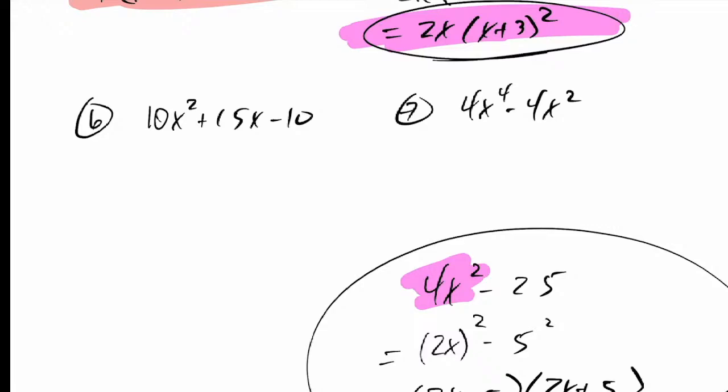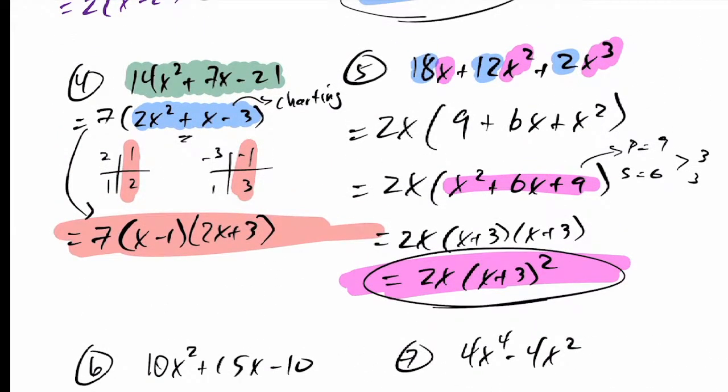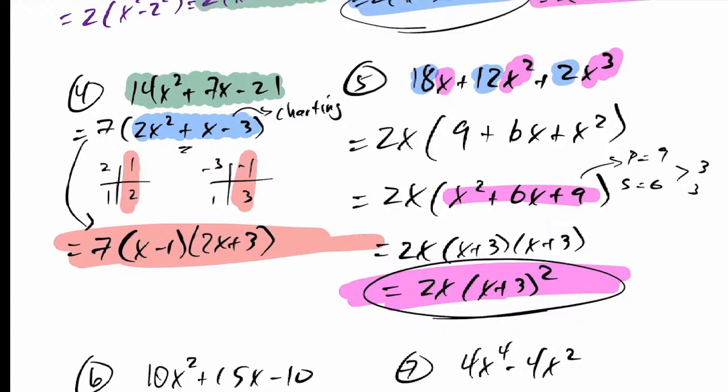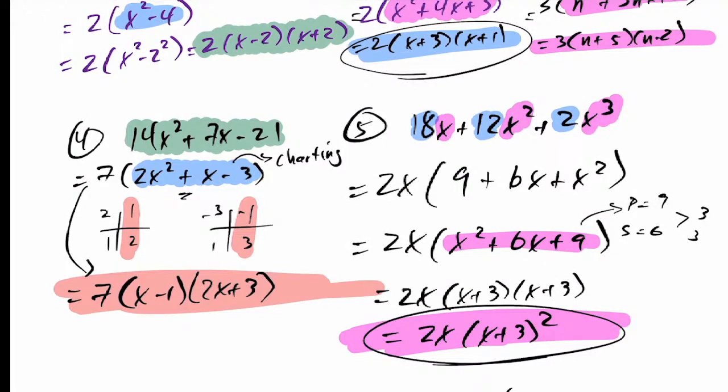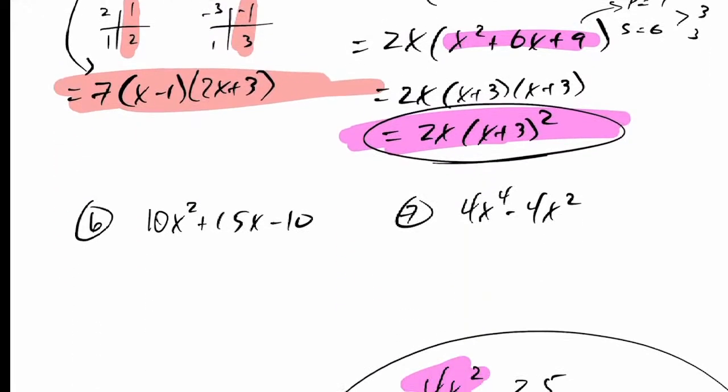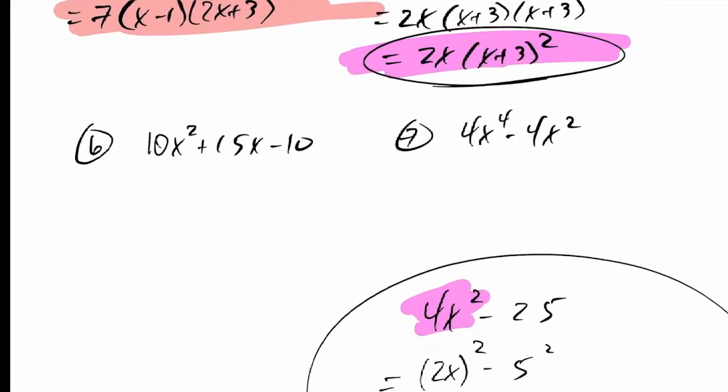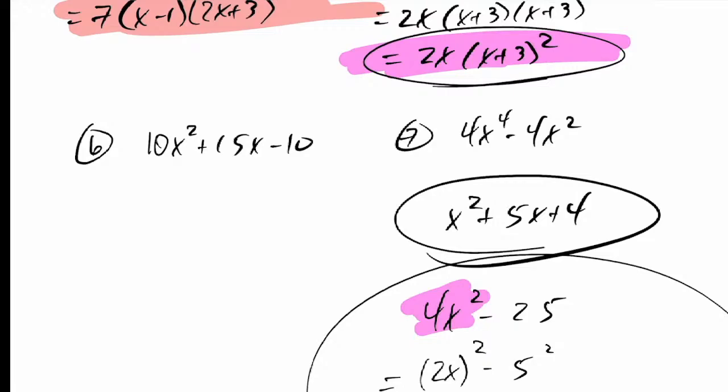And Nada is saying, would it be wrong if I use the charting method instead of changing the order to make a simple trinomial for 5? No, charting is when the leading coefficient is not 1. We usually solve a simple trinomial using product sum.